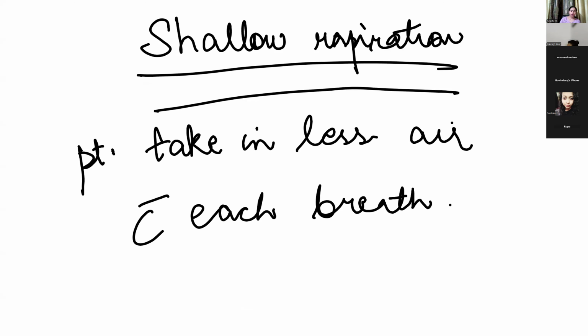So why do you need to report shallow respiration? What is the cause? Because if there is shallow respiration, that means there is paralysis in the lung muscles. So it could be fatal. That's the reason we need to report.